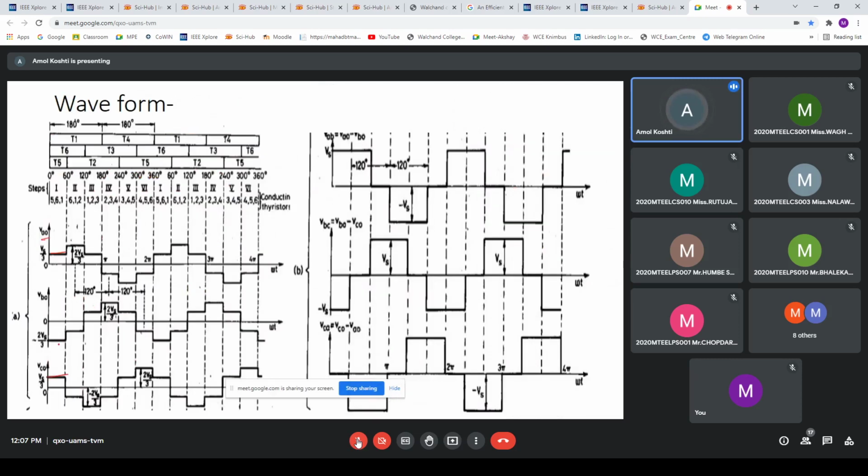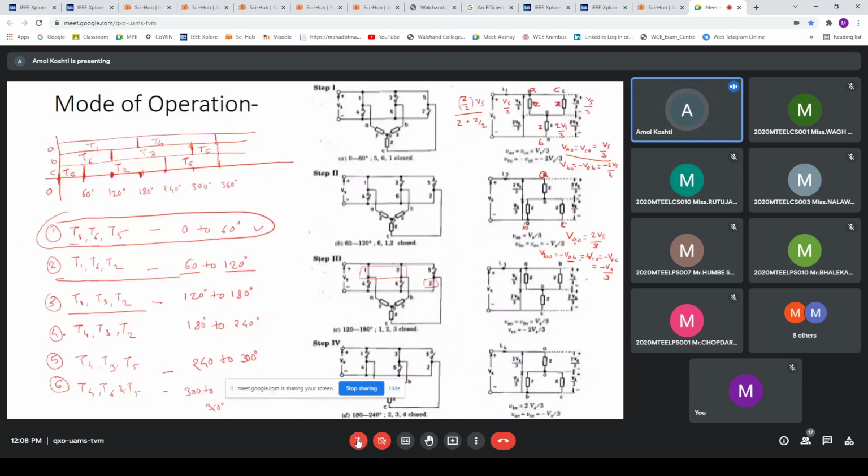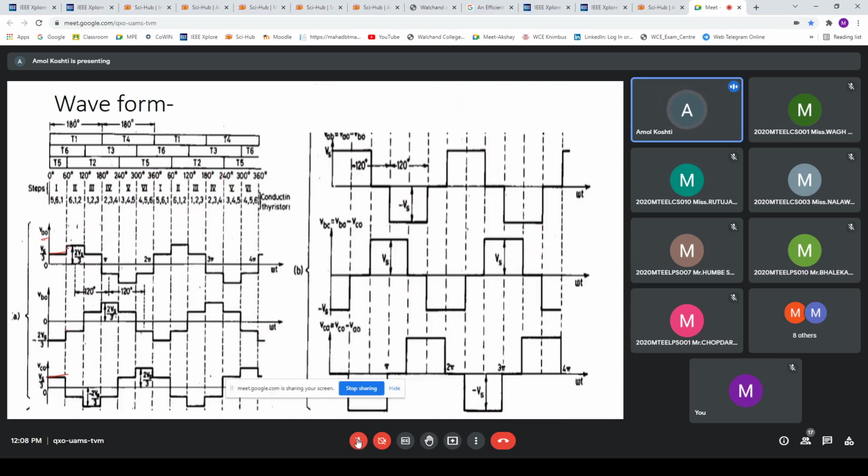So here VBO is minus 2 Vs by 3. In the next interval, VAO is 2 Vs by 3, so this magnitude is increased from this to this, 2 Vs by 3. That switching is made in this way, and again that magnitude is repeated in this way.